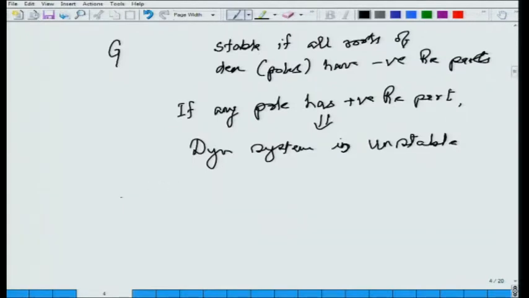Now, for closed loop systems, like I showed you, the closed loop system transfer function g closed loop is equal to the open loop or the loop transfer function divided by 1 plus g open loop.